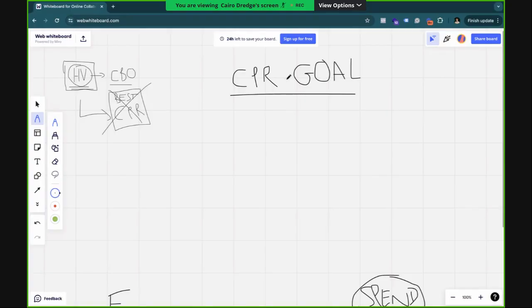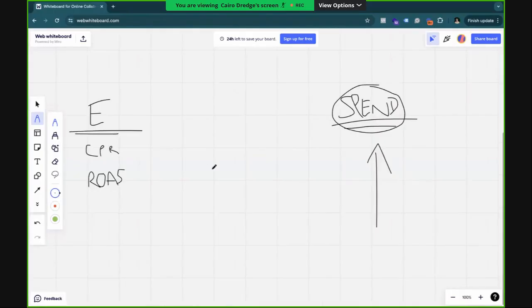And so when it comes to a CPR goal, what we're doing is we're saying to Facebook, we want our average CPR to be whatever I say it should be. Okay, and therefore we are starting to control efficiency more than we are spend.